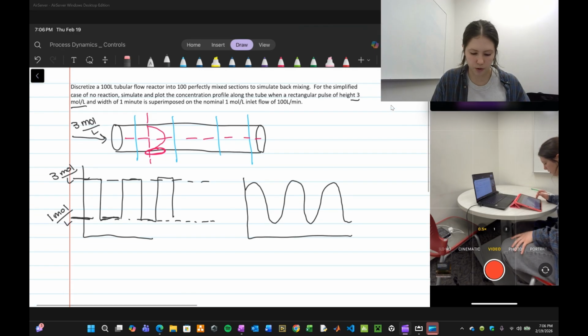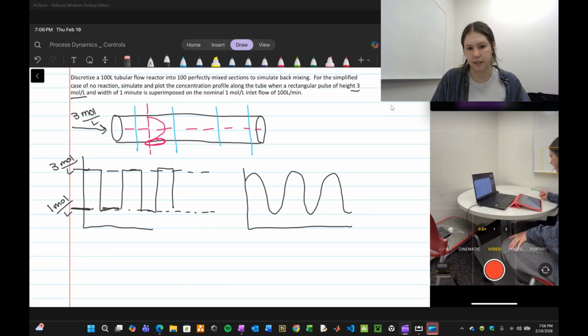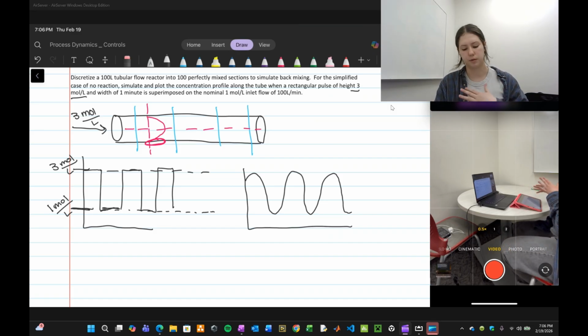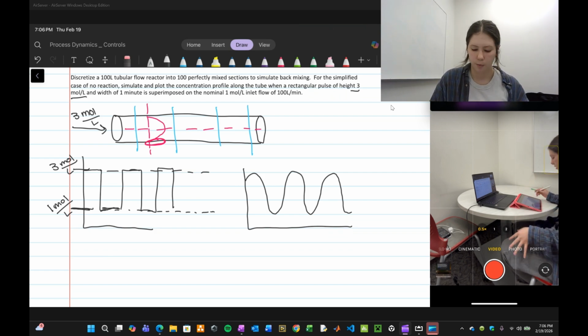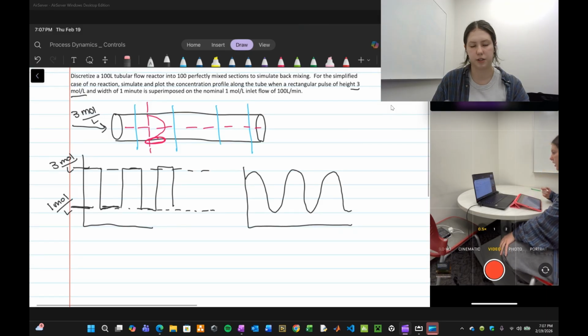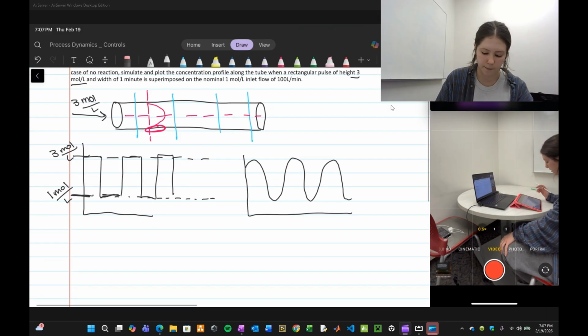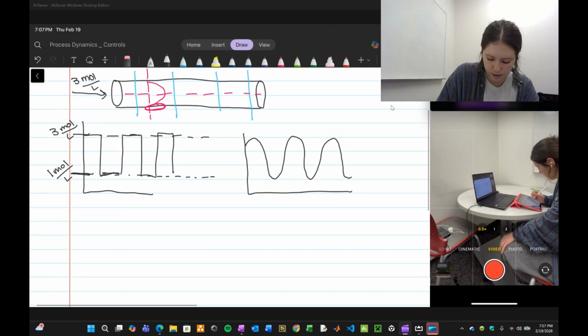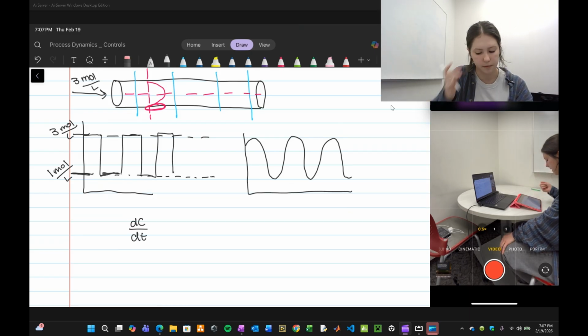In order to simulate this in Colab, we're going to need to write out our material balance for each of these individual sections. In order to plot our concentration profile, we're going to need to know the change in our concentration with respect to time, so we're going to need our dC over dt.